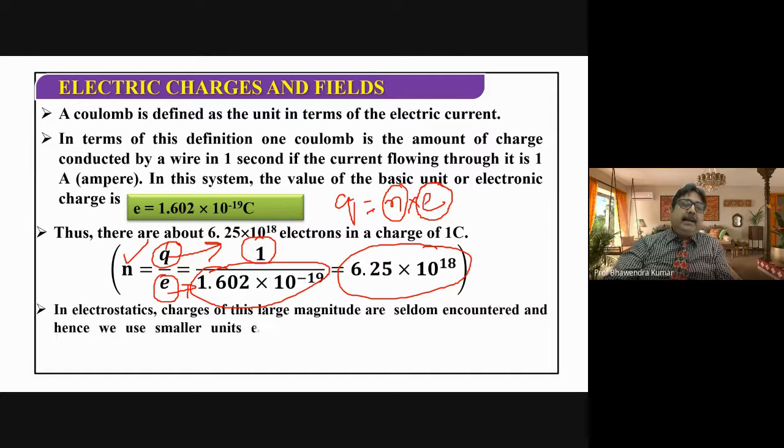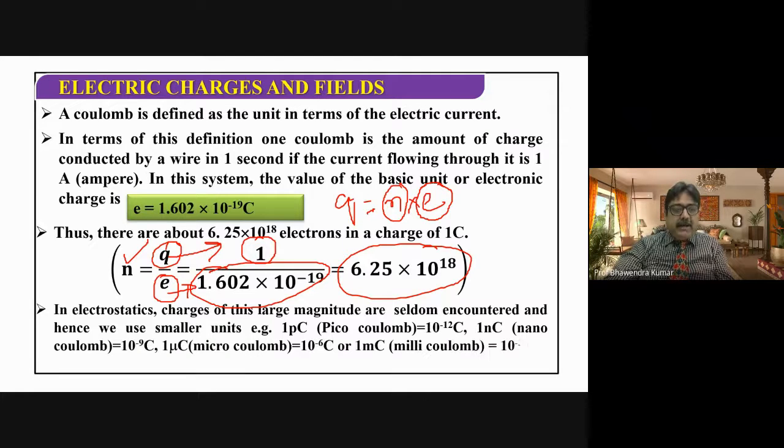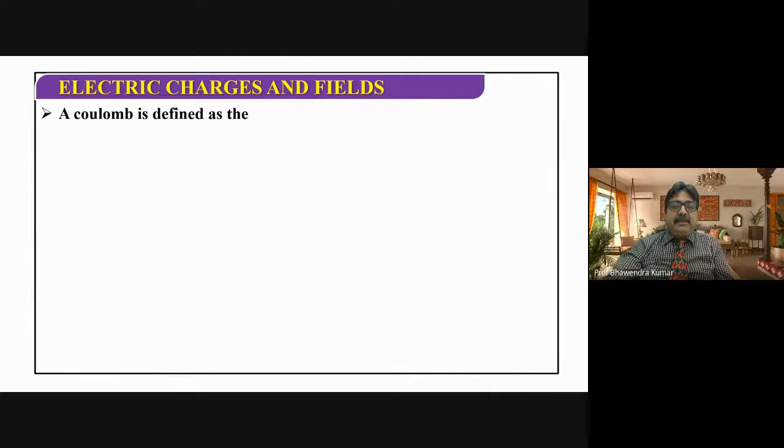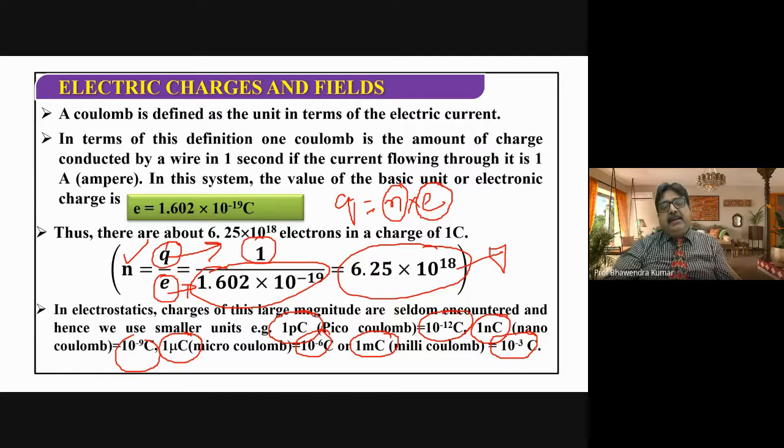But practically, this large magnitude of charge is not found in real life. In real life, we have charges of the magnitude of picocoulomb. 1 picocoulomb means 10^-12 coulomb, 1 nanocoulomb is 10^-9 coulomb, 1 microcoulomb is 10^-6 coulomb, and 1 millicoulomb is 10^-3 coulomb. Compared with these many electrons, it is very difficult to add or remove so many electrons from a given body.